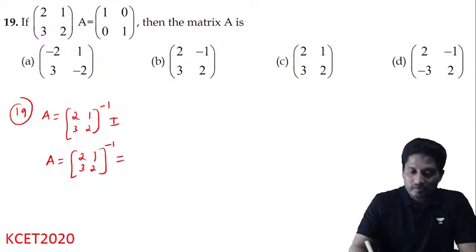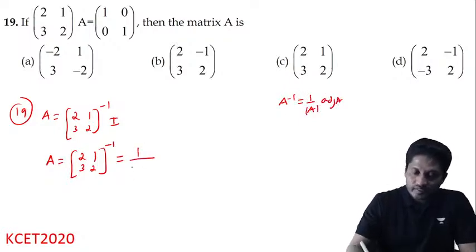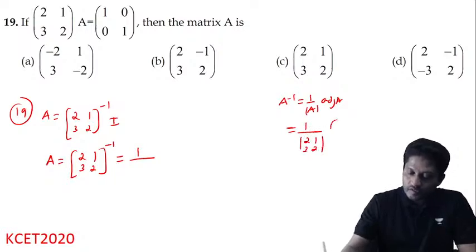So A inverse is equal to what? A inverse is 1 by determinant A into adjoint of A, right? So this is equal to 1 by the determinant of [2, 1; 3, 2], and the adjoint will be: interchange the diagonal elements, change the sign of the other elements, [2, -1; -3, 2].